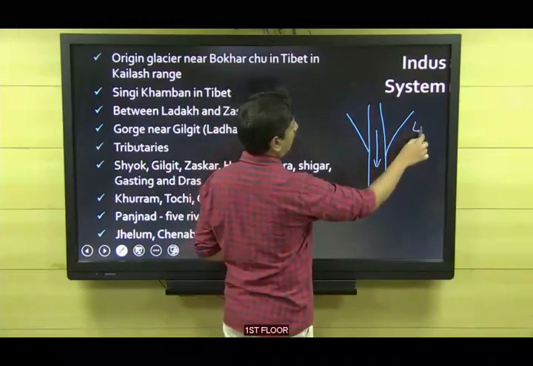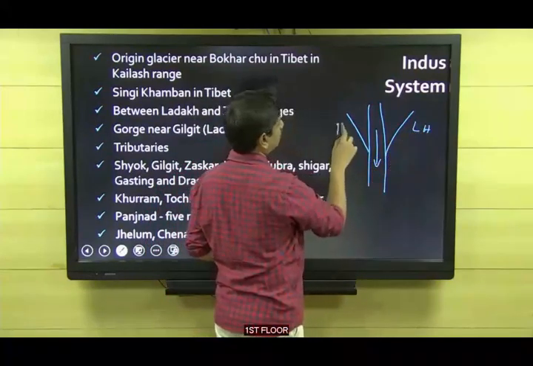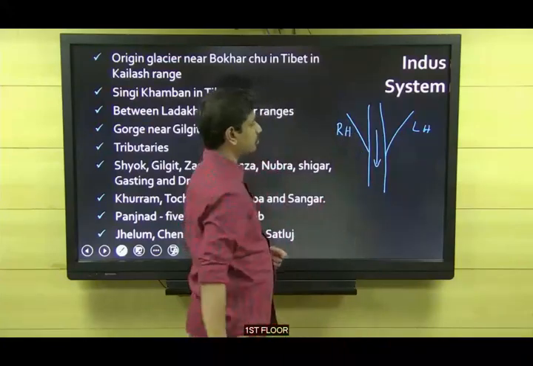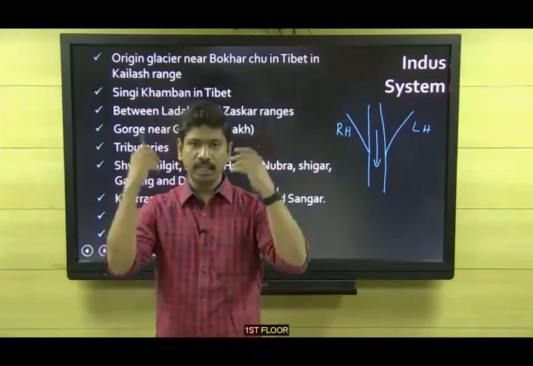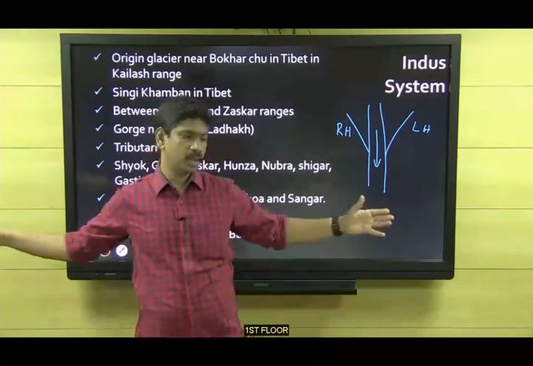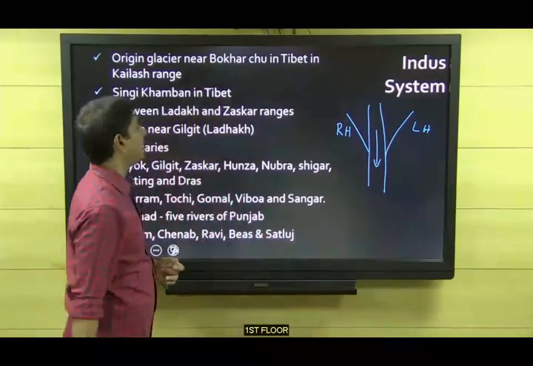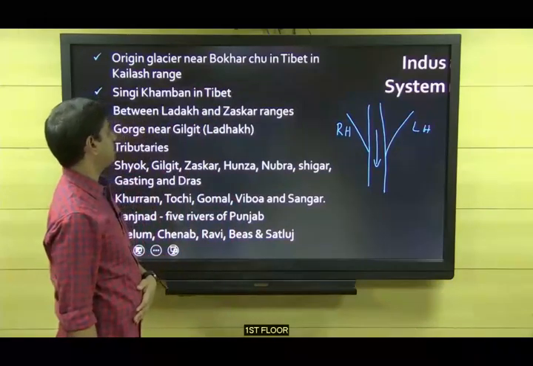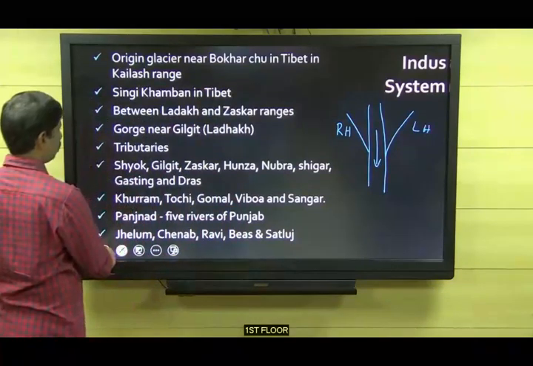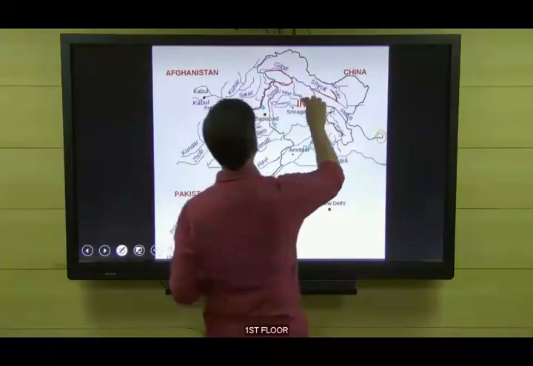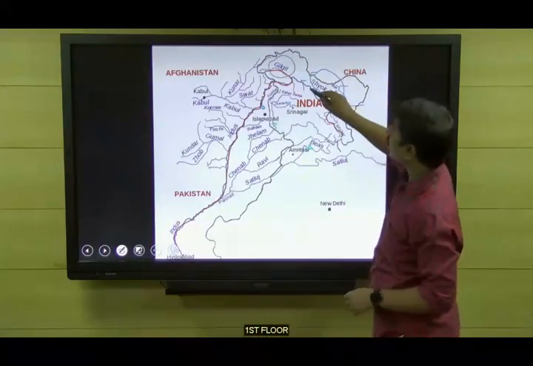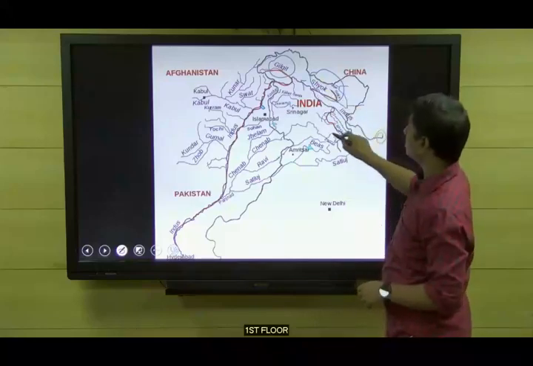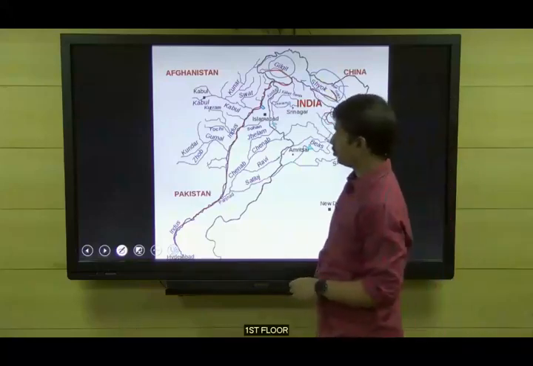This is a left hand tributary, this is a right hand tributary. You should face the direction of flow and then name the tributary as right hand or left hand. So for this river which is flowing this side, Shiok, Gilgit are right hand tributaries, Saskar is a left hand tributary.